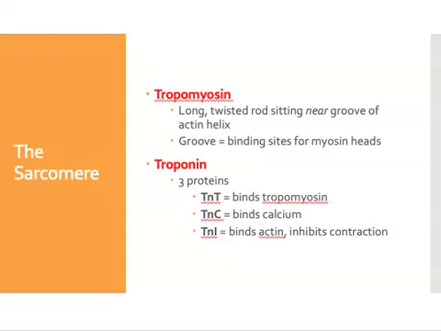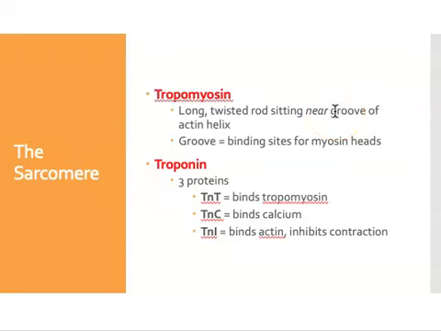And tropomyosin, again, lies in the same direction that the thin filament lies. In fact, because the thin filament is made out of two strands wrapped around each other, there's a groove between those two strands. And tropomyosin lies really close to that groove. It's not actually in the groove, but it's close to it.